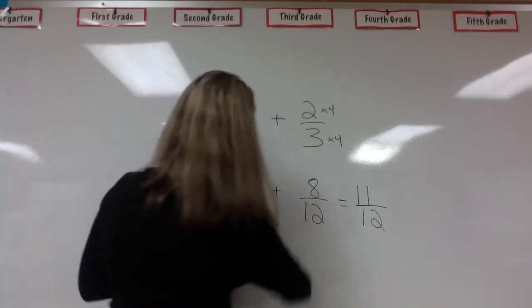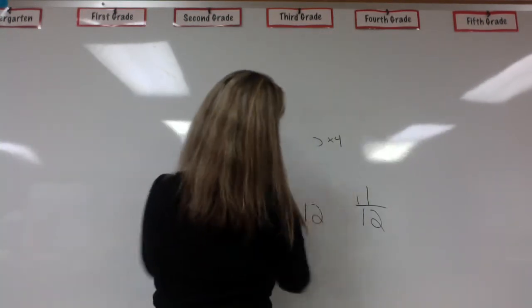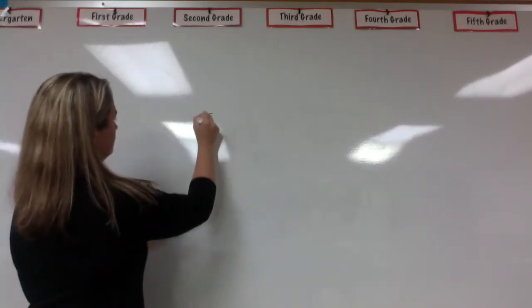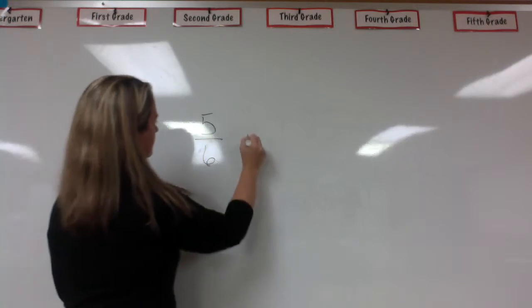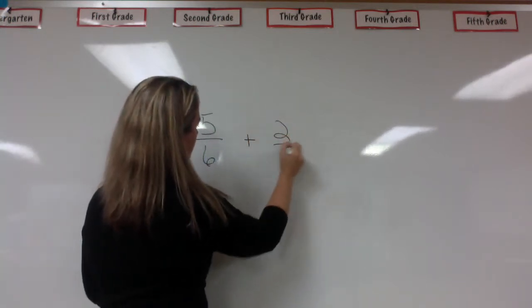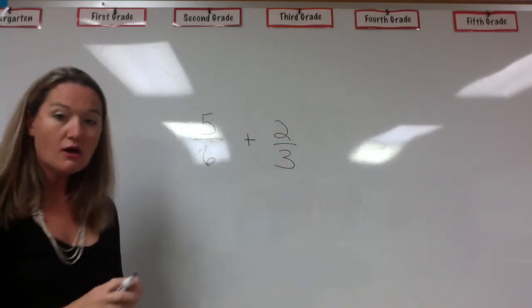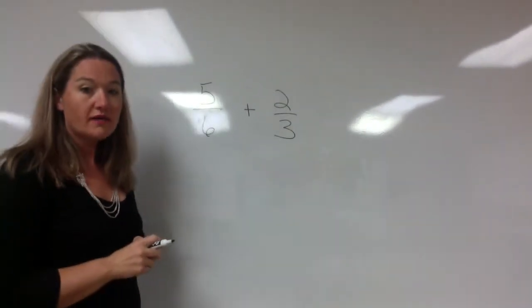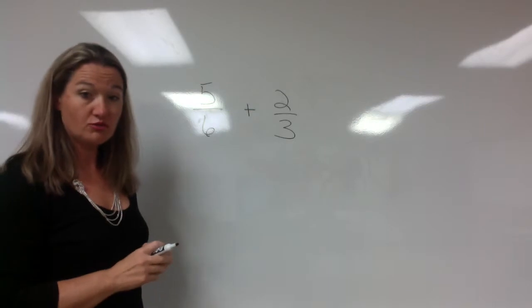Let's go ahead and work out another one. 5/6 plus 2/3. There's kind of a glare. So we've got 5/6 plus 2/3.